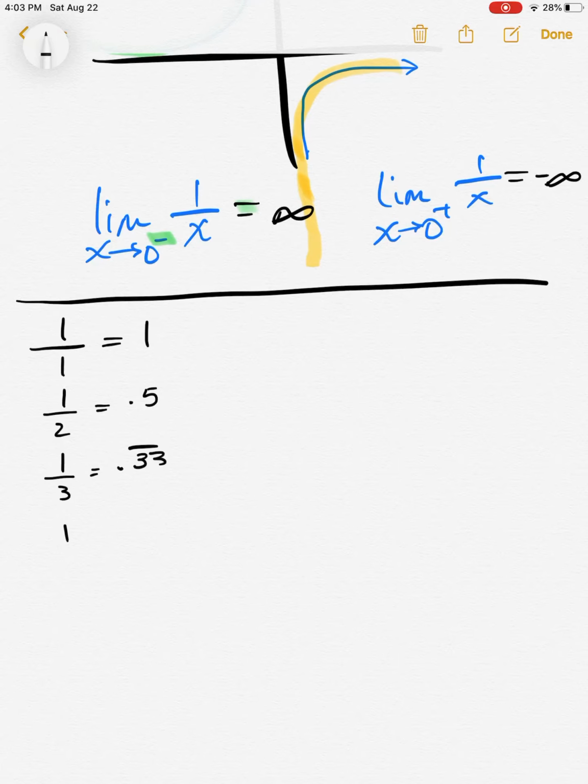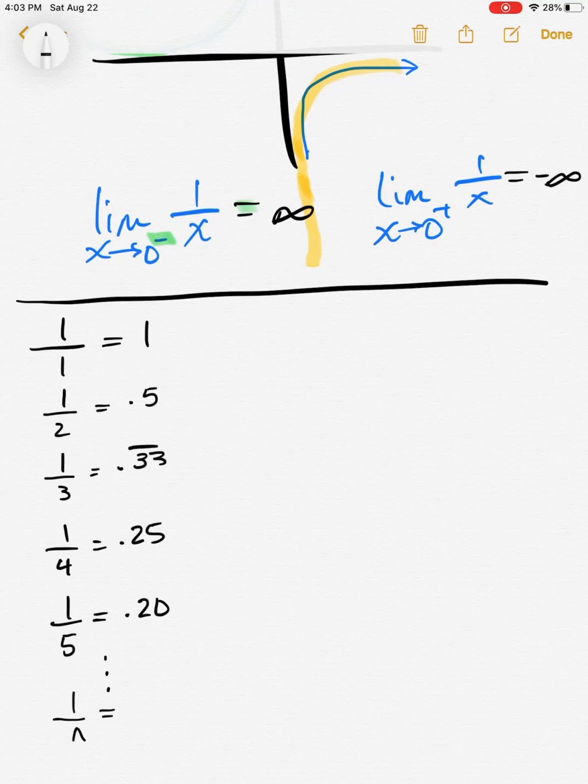And then when it's 4, 0.25. I hope y'all catch the picture. As the denominator gets larger, the overall value of this statement is getting smaller and smaller and smaller.